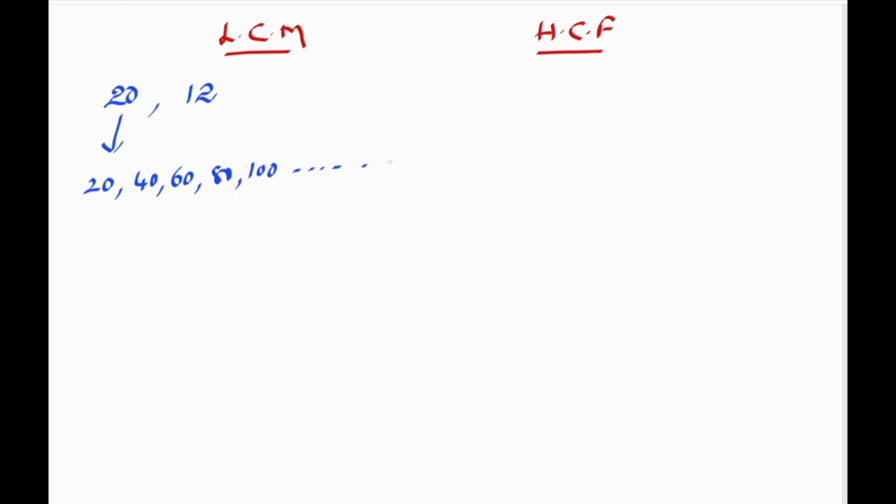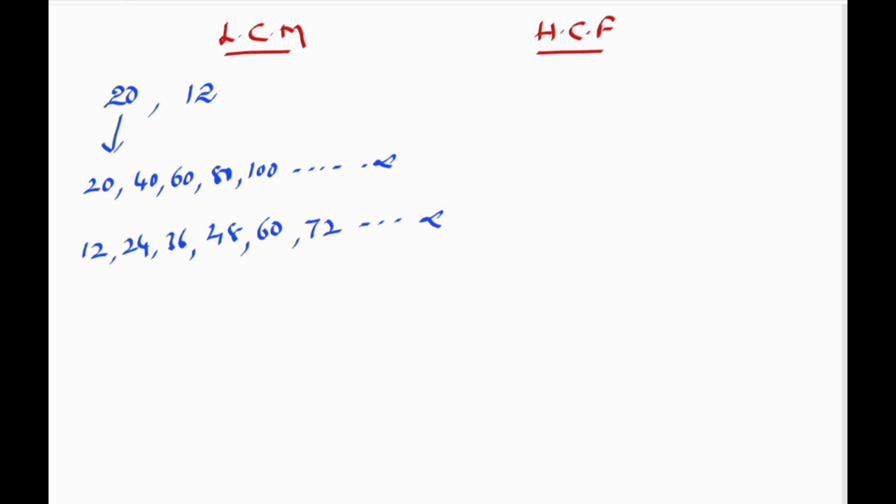So we have infinite multiples. Similarly, multiples of 12 are 12, 24, 36, 48, 60, 72 and so on.